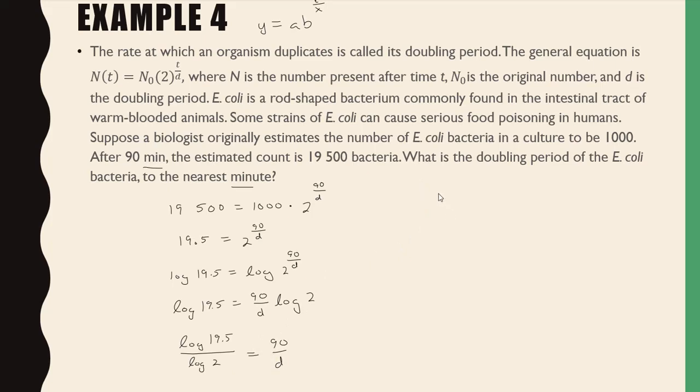So I'm going to be left with log 2 over log 19.5 equals d over 90. Then I'm going to multiply both sides by 90. So I get 90 times log 2 over log 19.5 equals d. So therefore, to the nearest minute, we find that d is equal to 21 minutes.